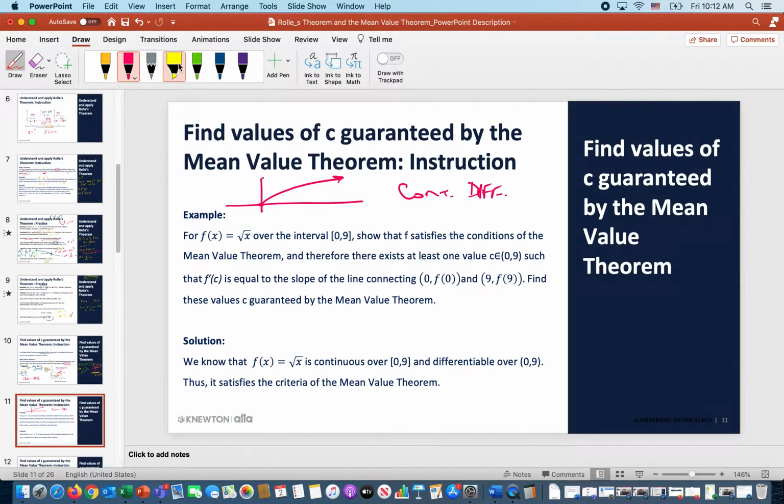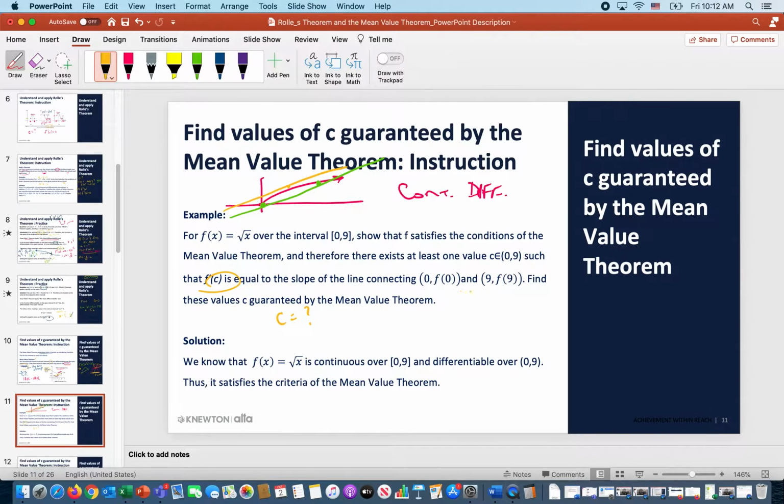So there is a point right here where we have this and we have this, okay? And the line connecting those 2 points might look like this, but then we have a derivative where it touches the graph in only one point. And you can see that those lines are parallel. Again, in these problems, we're going to know that we're done when we figure out what c is equal to.